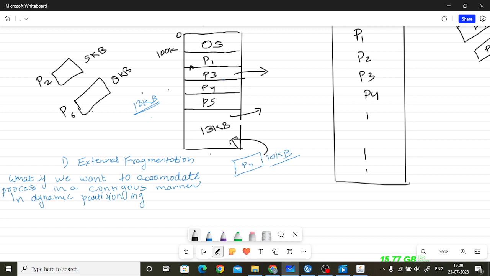Okay, so how can we implement this method? By copying the data bit by bit into a memory. Suppose previously process P3 was there somewhere here. Okay, so we have moved the process P3 from here to here, and we have also shifted the process P4.